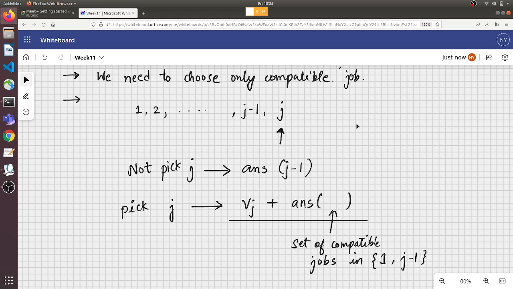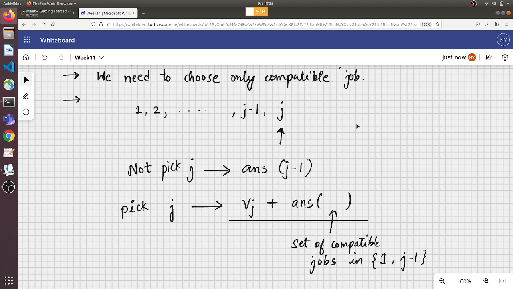Now what will be the final relation of answer of j? How will we write that?